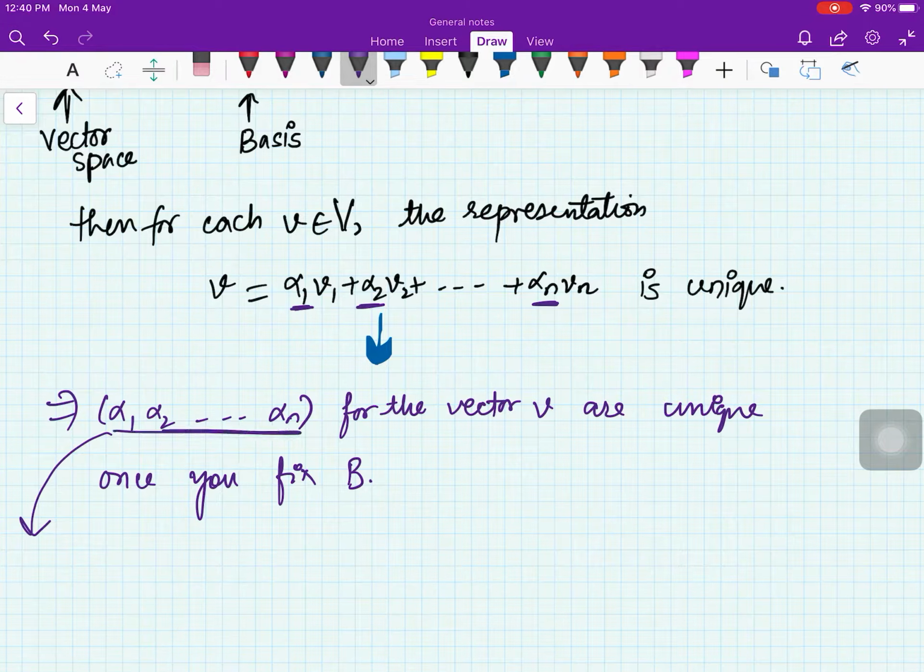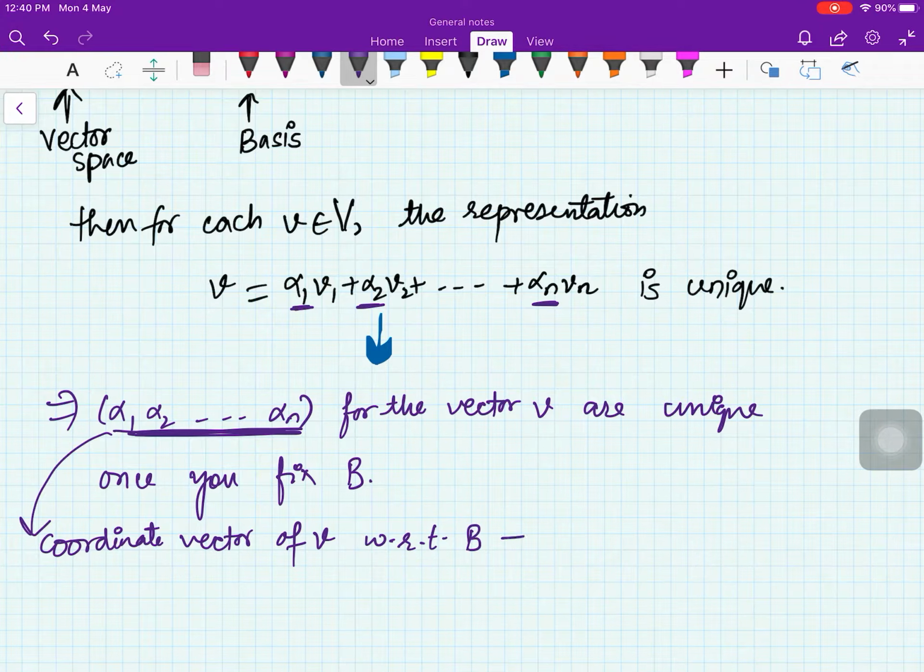So this alpha 1, alpha 2, alpha n is called the coordinate vector of V with respect to B, and we denote it like this, right?